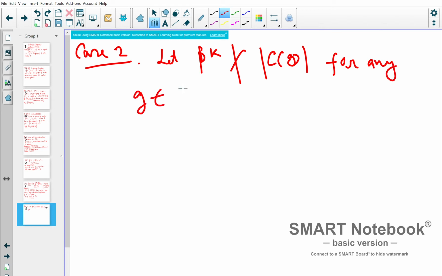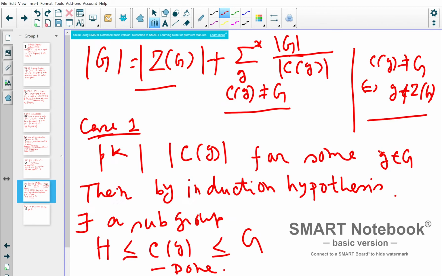If it divides for one, then we already know that. Now if it does not divide the order of the centralizers for any g belonging to G, then I have this class equation. The class equation tells you that P power K does not divide this thing.